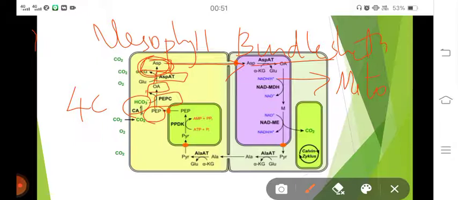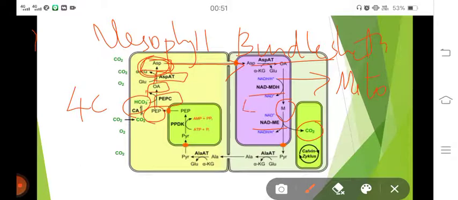Now this oxaloacetic acid will get converted into malic acid with the enzyme called hydrogenase. Again this malic acid, as we saw in the NADP cycle, will release 1 carbon dioxide into the chloroplast of the bundle sheath cells in the presence of an enzyme called NAD dependent malic enzyme.